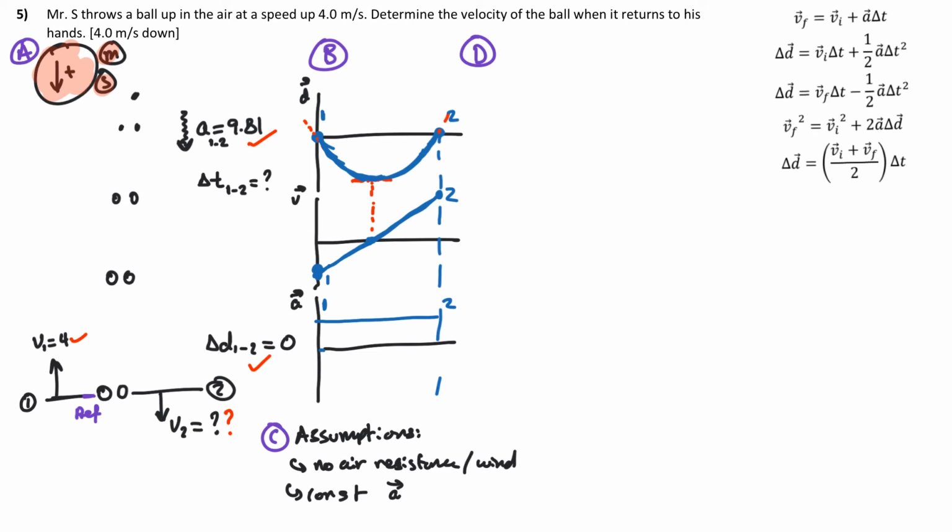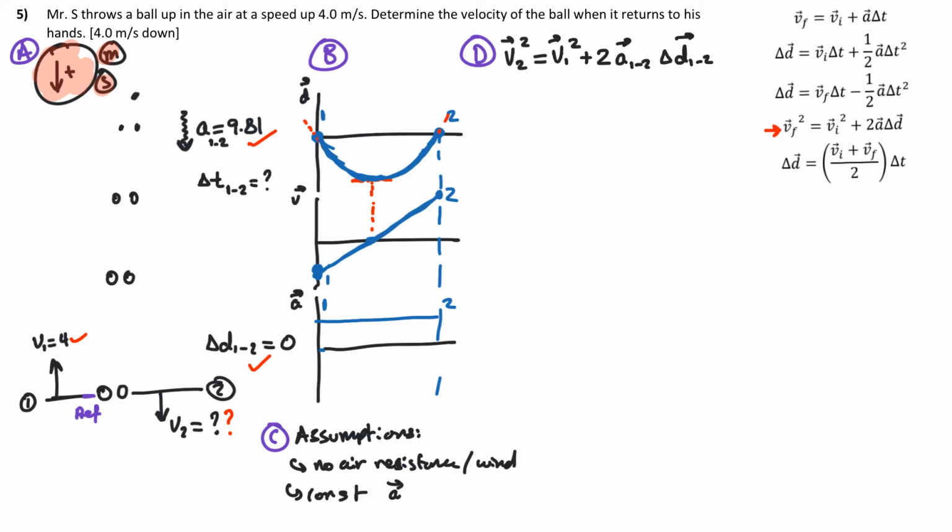This one has time, this one doesn't, so I'm going to use this equation, highlight it like this. In this equation, the final velocity for me is stage 2, squared, equals initial velocity, for me stage 1, squared, plus 2 times the acceleration from stage 1 to 2 multiplied by the displacement from 1 to 2.